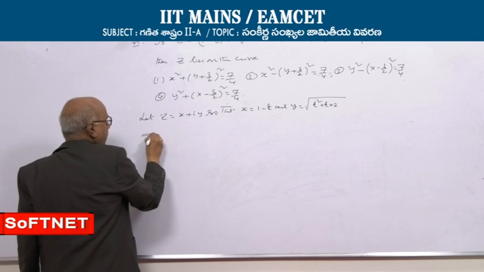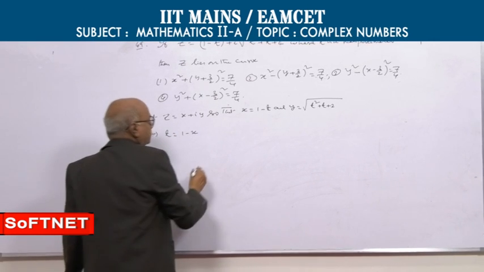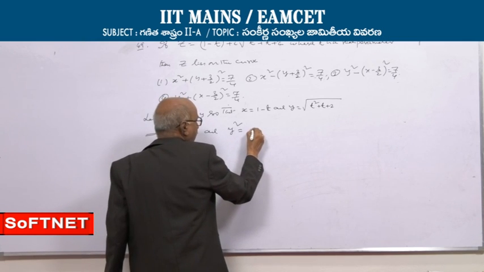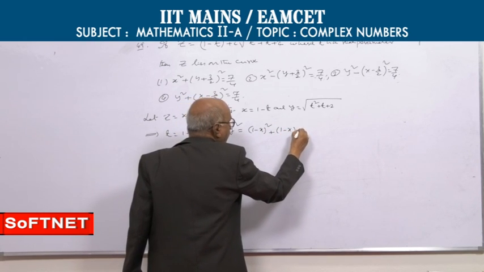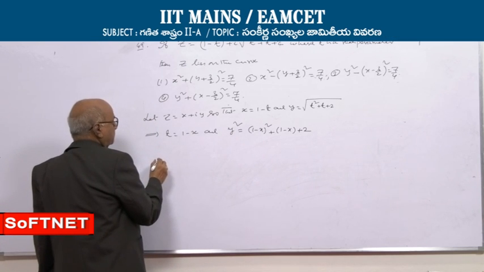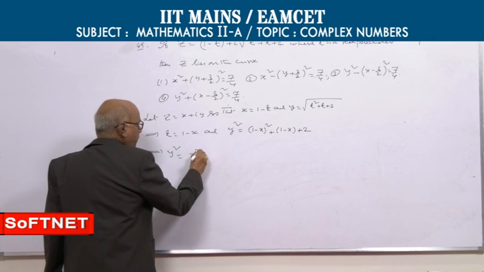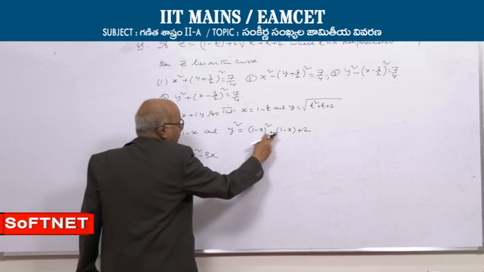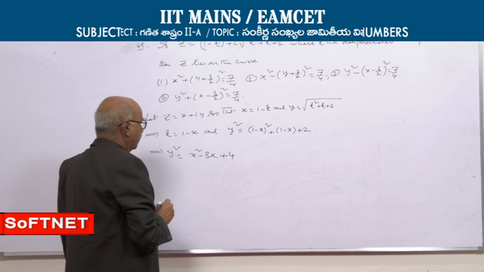So from this you will get t is equal to 1 minus x and y square is equal to (1 minus x) whole square plus (1 minus x) plus 2. So therefore y square is equal to x square minus 2x minus x, so minus 3x, plus 1 plus 1 plus 2, that is plus 4.